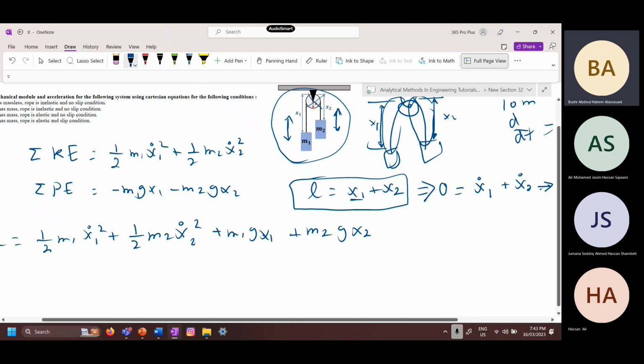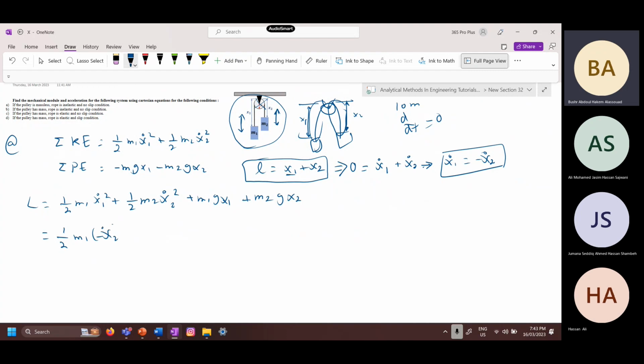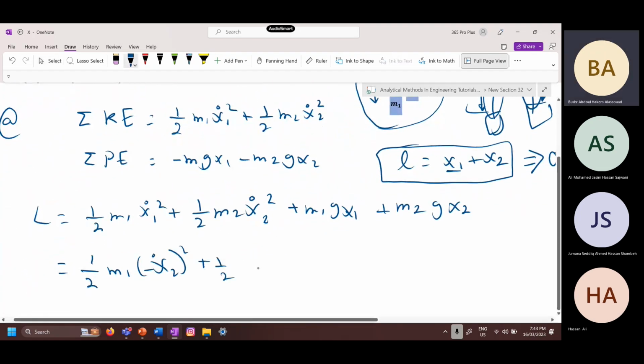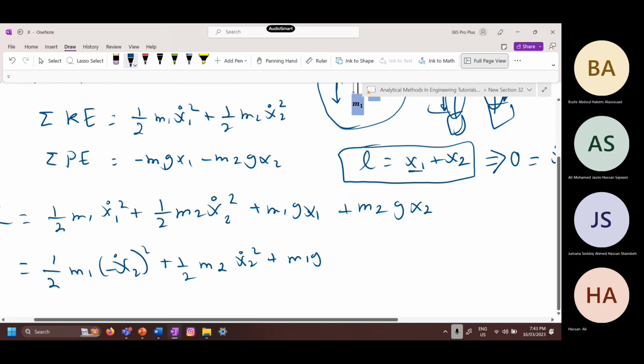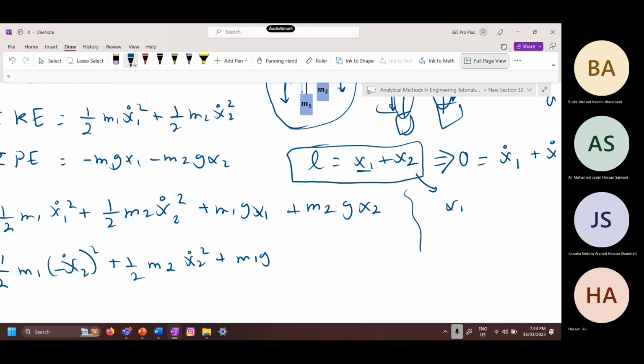Now substitute these two here and you'll get half m1 negative x2 dot squared plus half m2 x2 dot squared plus m1 g. Change x1, which is equal to L minus x2.